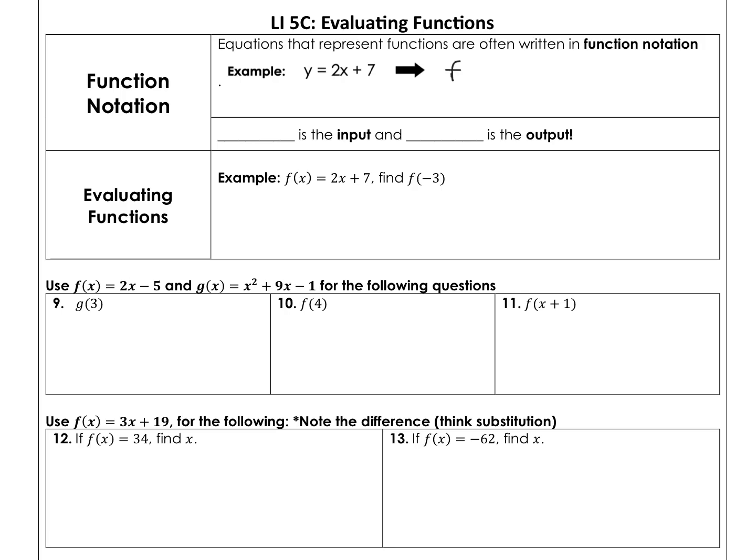Equations can be written as, if I have y equals, then I can rewrite it as f of x equals 2x plus 7. So it's just another way to say y, or the output, where x is the value that's given.